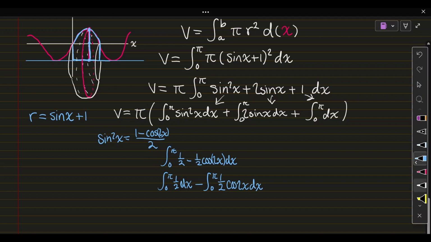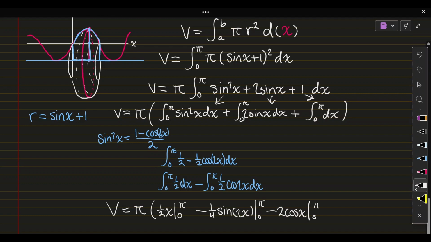Doing a small u substitution here will get me that this is going to be negative 1/4 sine of 2x evaluated from 0 to pi. This integral of 1/2 here will become 1/2 x evaluated from 0 to pi. And then the integral of 2 sine x dx is going to be negative 2 cosine x evaluated from 0 to pi, and then plus x evaluated from 0 to pi.